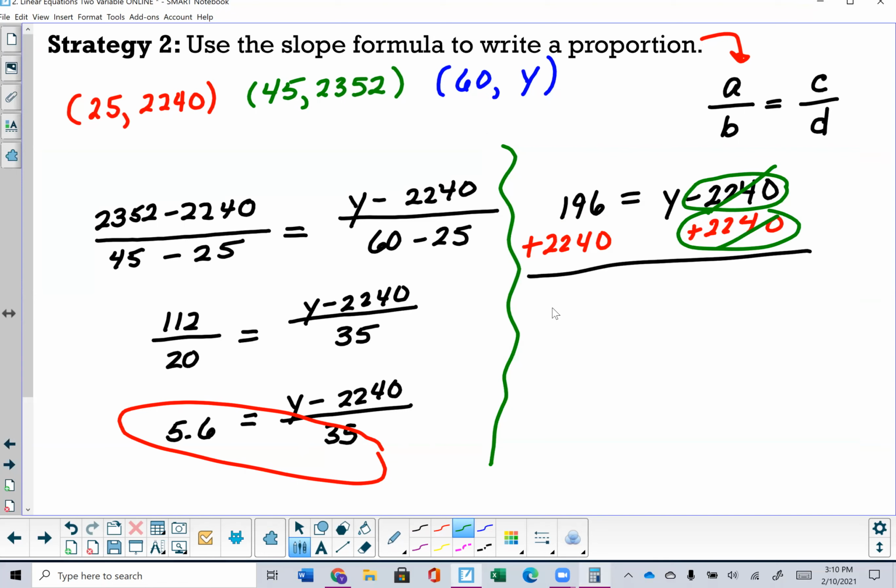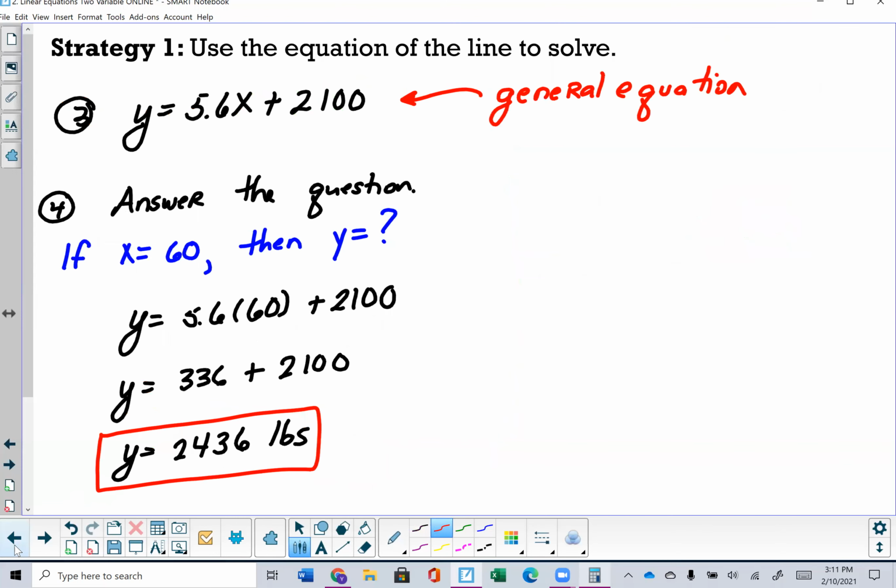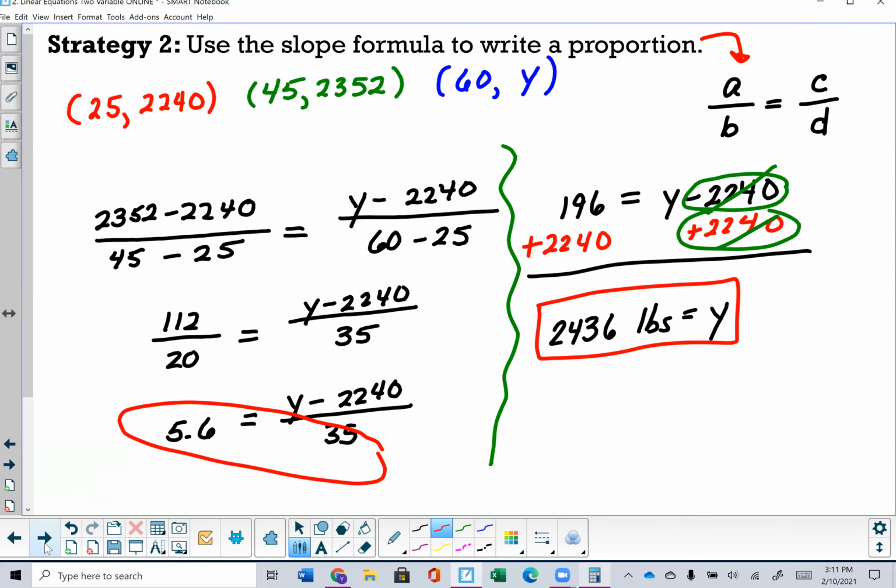We have 2436 pounds equals y. We go back to the previous answer, 2436 pounds equal y. So you can either use the equation of a line to solve for the unknown, or you can use the slope formula as a proportion to solve for the unknown.